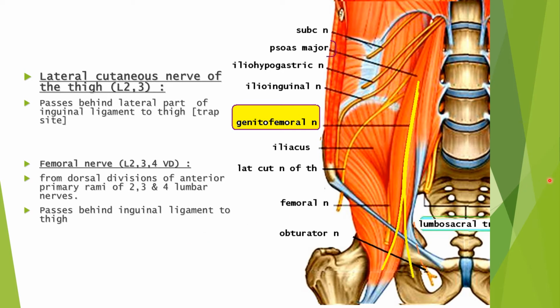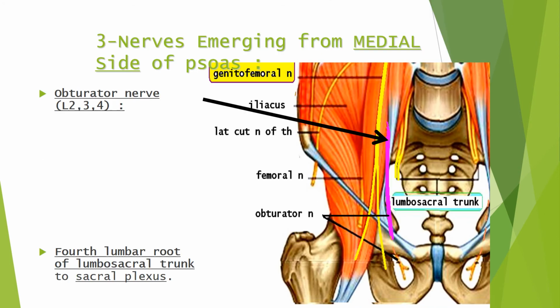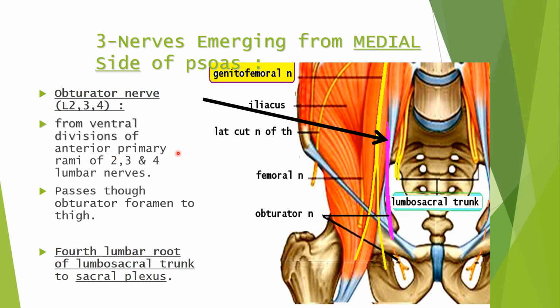Again, the branches of the lateral side of the lumbar plexus: iliohypogastric, ilioinguinal, lateral cutaneous nerve of the thigh, femoral nerve. Then, from the medial side, we see the obturator nerve that passes through the obturator foramen to supply structures on the medial side of the thigh.